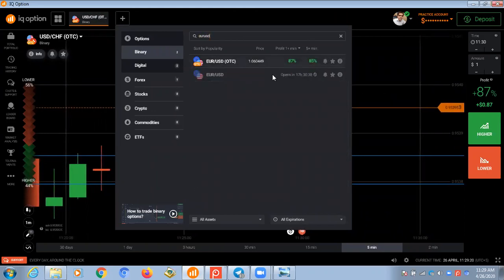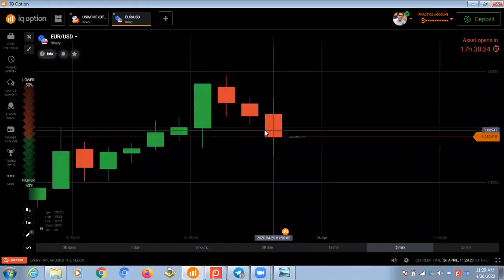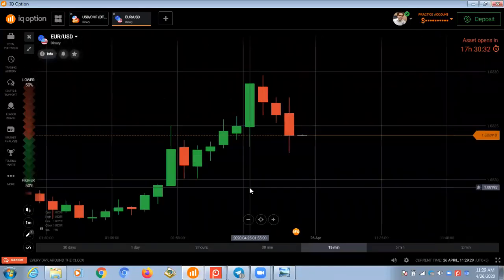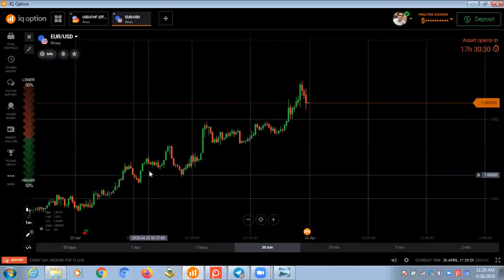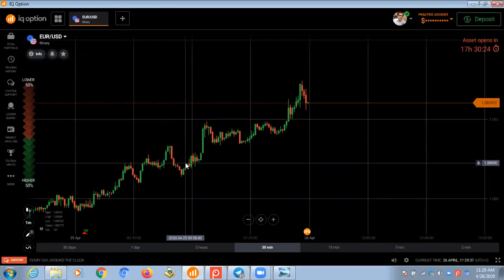EUR/USD is a more stable currency in the binary world and the forex world. That's why I always use the EUR/USD pair. All other pairs are not as stable, because of the volume and liquidity.